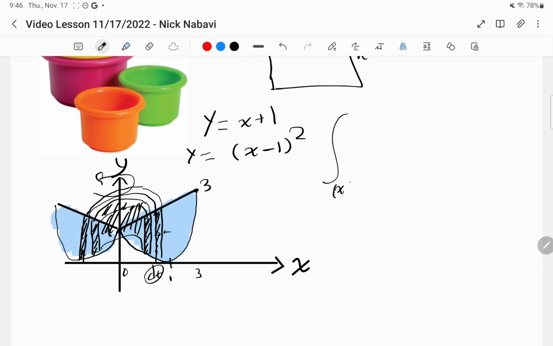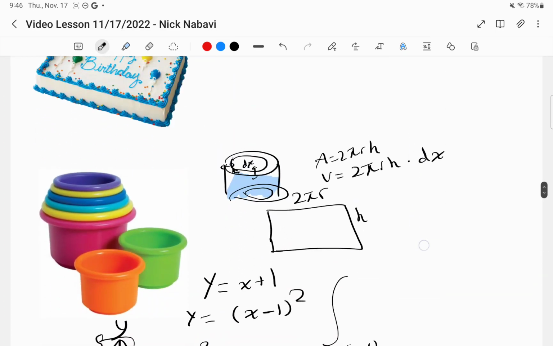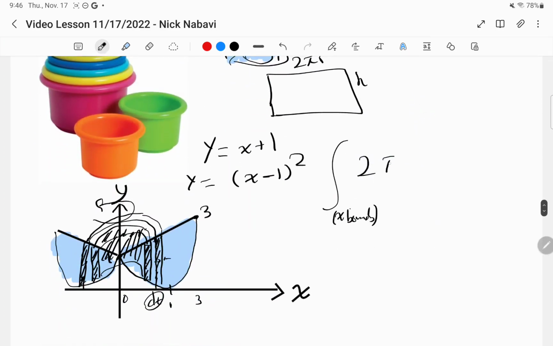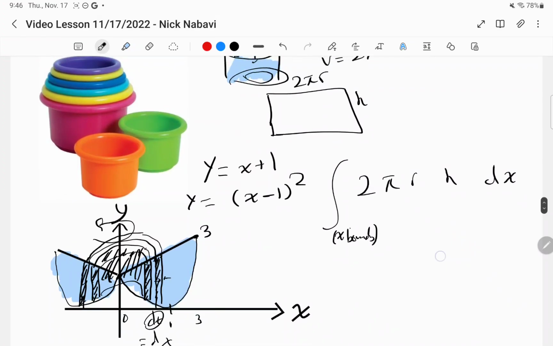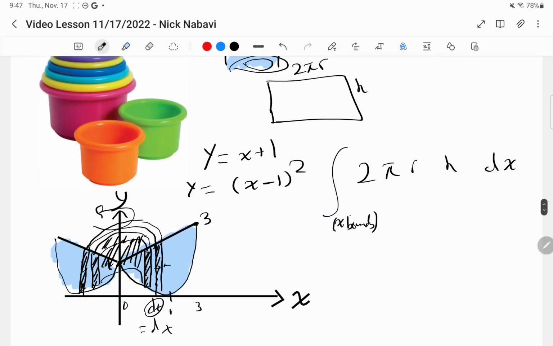Integral along the x bounds of all these little cylindrical shells, which we said up here, if you remember, you have 2 pi r h dx volume, okay? But radius changes and height changes, doesn't it? Radius and height of these cylindrical shells change as a function of x.